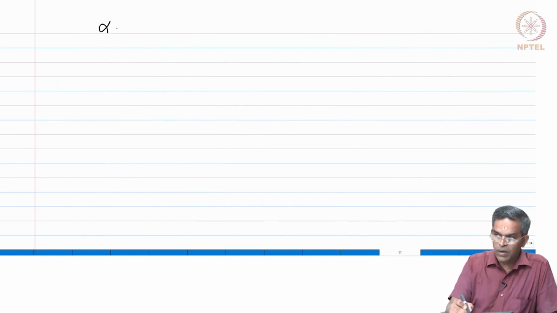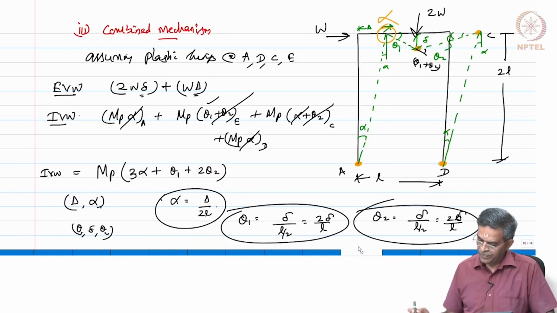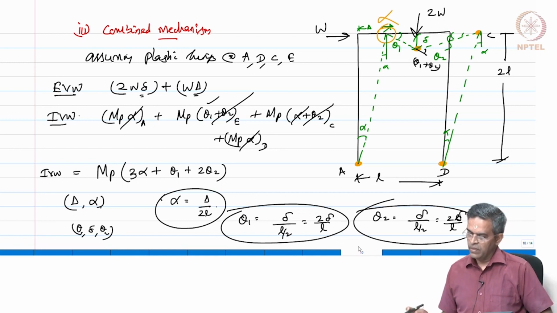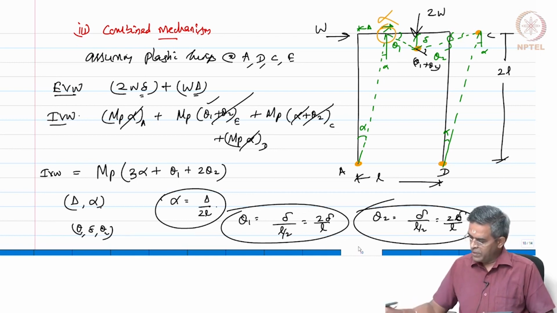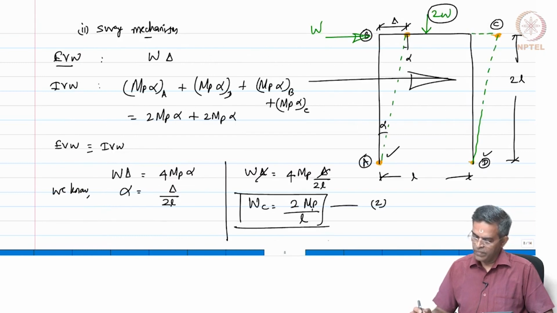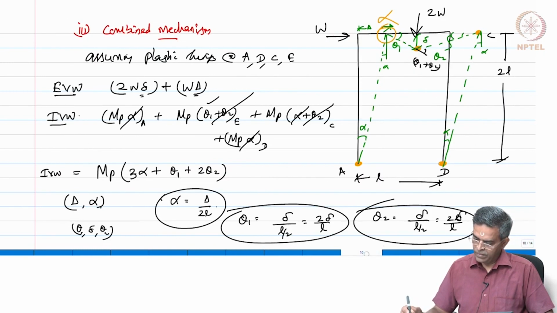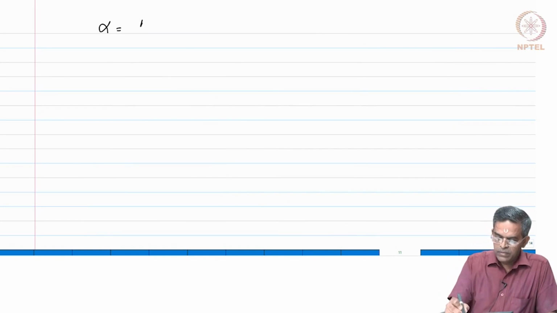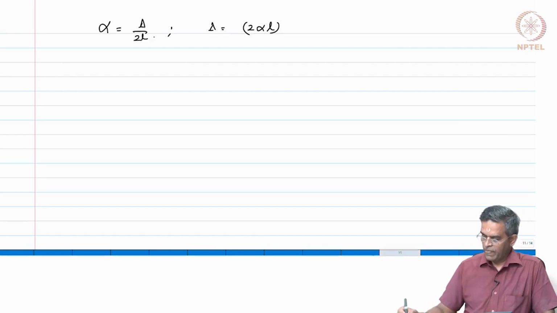We know alpha is delta by 2L, am I right? Yeah, delta by 2L. So, I should say delta is 2 alpha L. Okay.